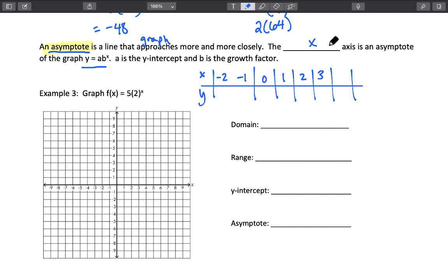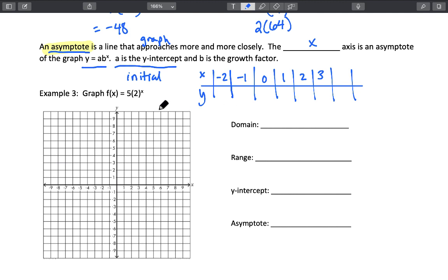In this case, it is always going to be the x-axis. That will be the asymptote of our general graph here of y equals a times b to the x. A is going to be known as the y-intercept, which, remember, we said that was also the initial amount. It's the beginning amount. And b is going to be our growth factor.